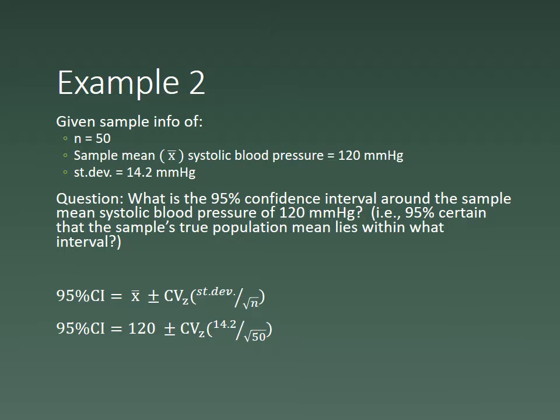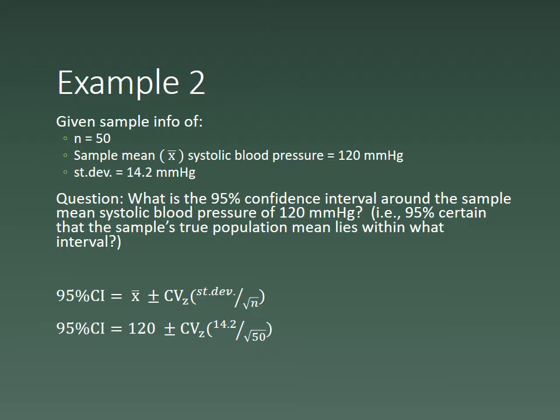Another way this question could be asked is, we're 95% certain that the sample's true population mean lies within what interval? So we're going to pull our formula that we showed on the other side. 95% CI equals the sample mean plus or minus the critical value Z times the standard deviation divided by the square root of the number in the sample.